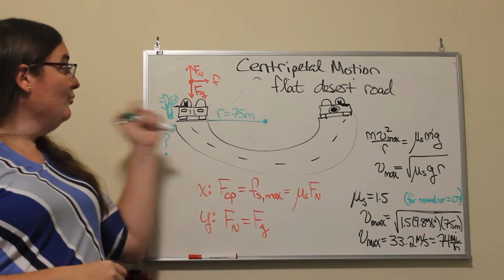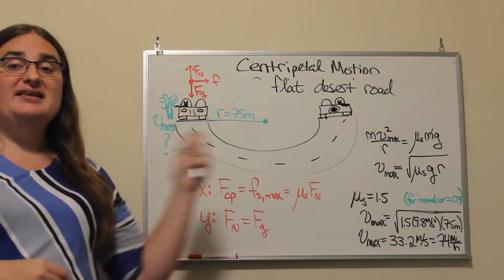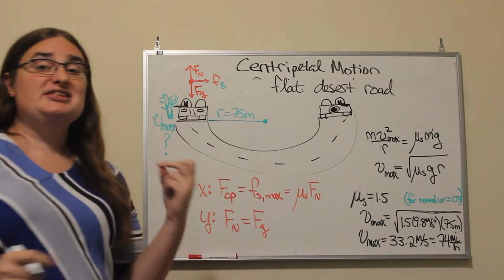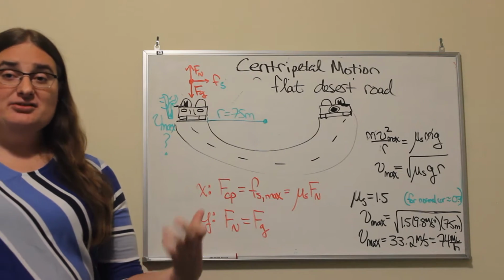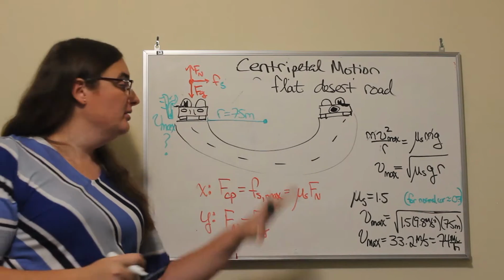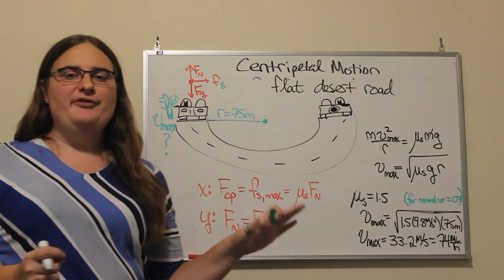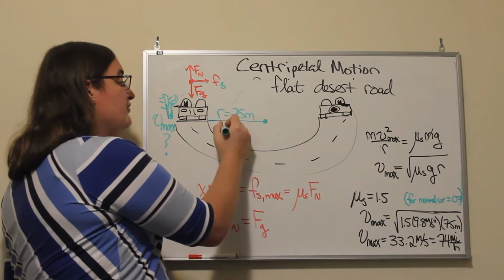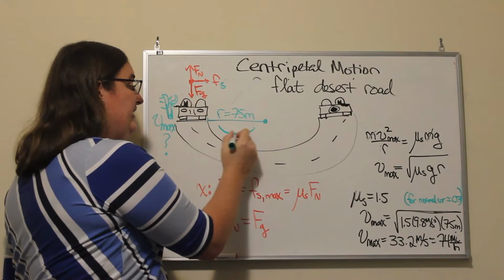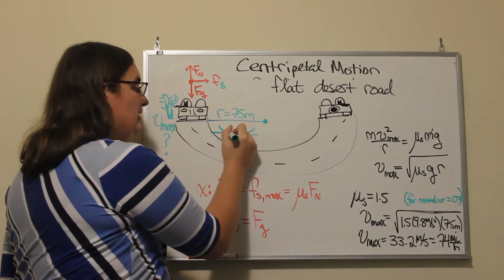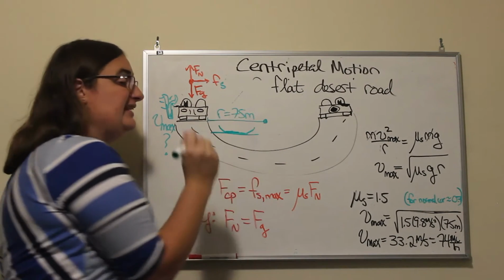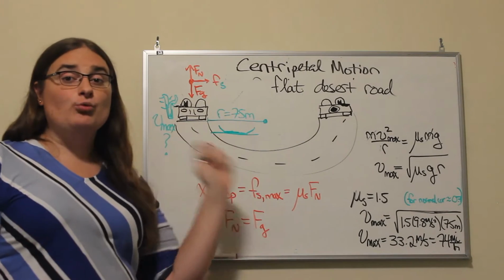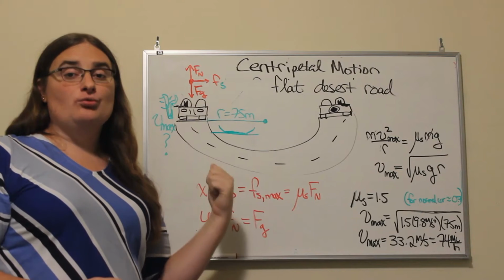So the force that we need in order to make this happen and not crash is a force of static friction. Now it sounds weird saying static friction because, well, isn't the car moving? The idea is the car is moving, but if you were to take a look at how the tire hits the road, the patch of tire that is in contact with the road is going to be at rest relative to the road.